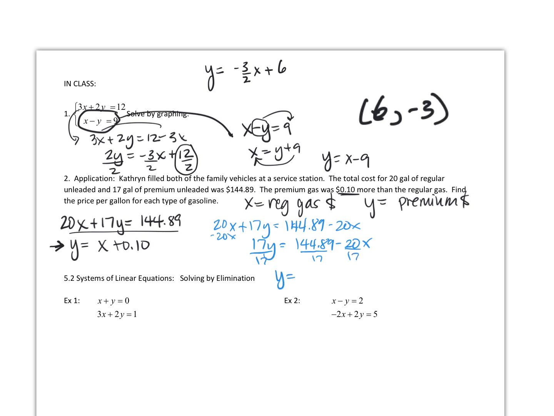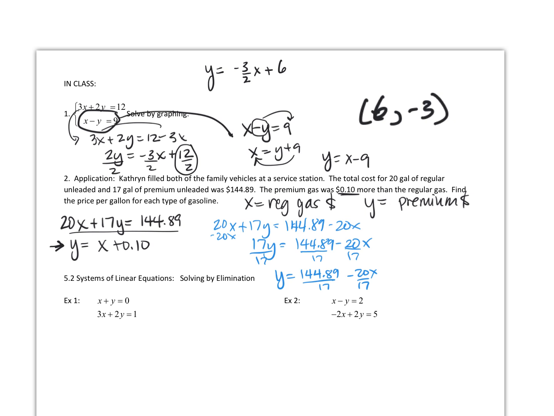And that gives me this equation. It's gnarly, but the calculator can handle these fractions. Right? So these are the two equations I want to put in my calculator. When I find that intersection, X will be the price of my regular gas, Y will be the price of the premium. All right?